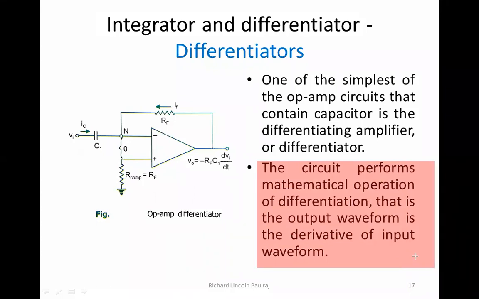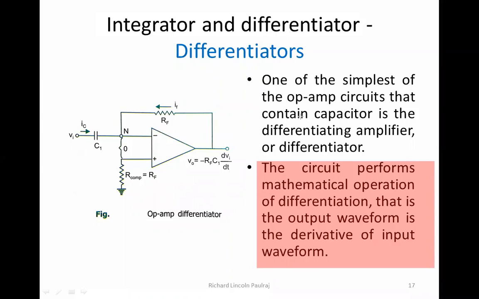input waveform. Okay. So let us see what kind of input is given and what kind of outputs we are going to get. And also we will look into how we get V0 is equal to minus RF C1 dVi by dt. Right? So we will look into this concept as well.